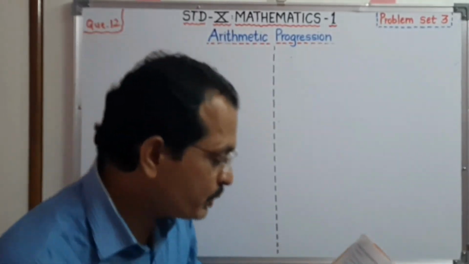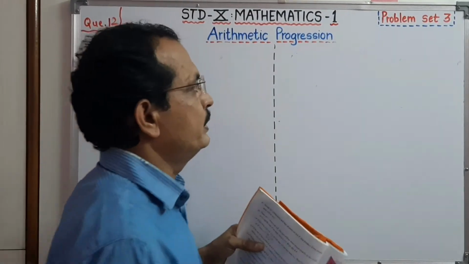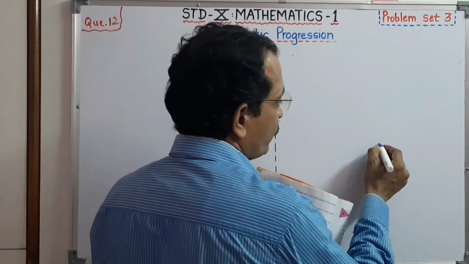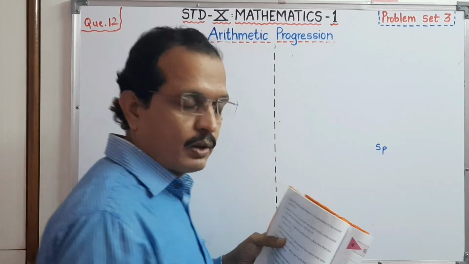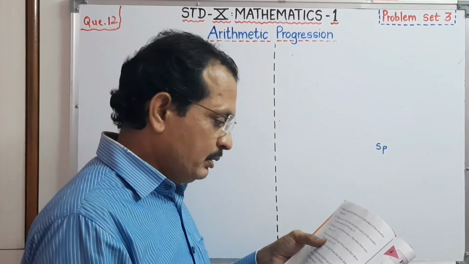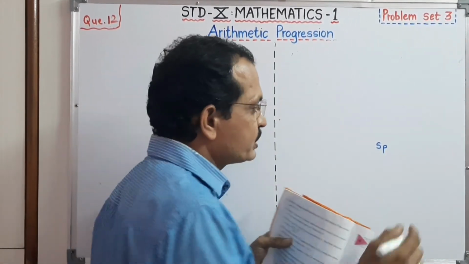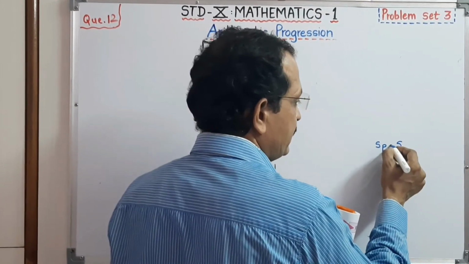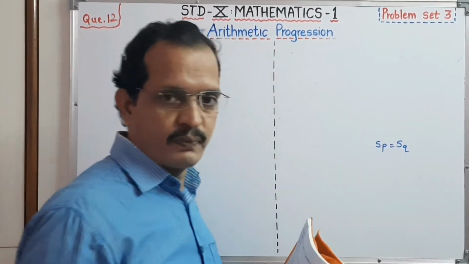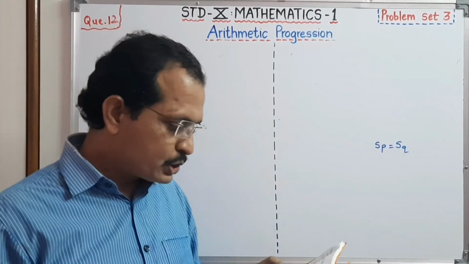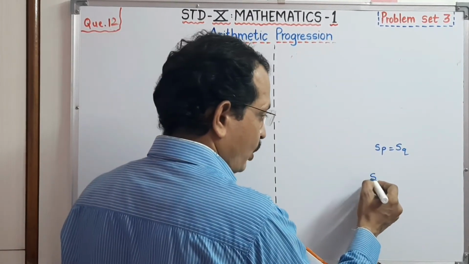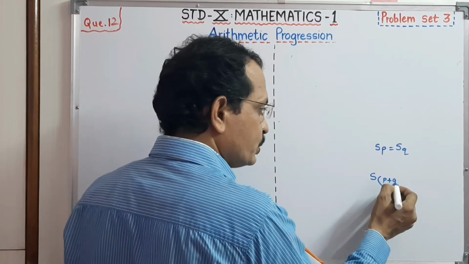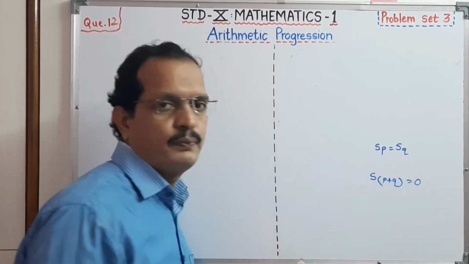If the sum of the first p terms of an AP, that is Sp, is equal to the sum of first q terms, that is Sq, then show that the sum of its first p plus q terms is equal to 0.